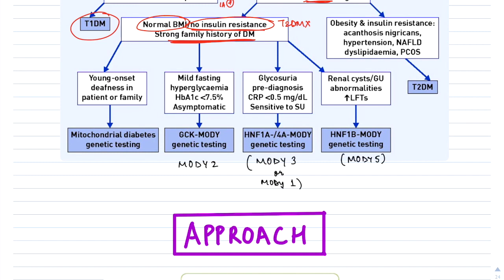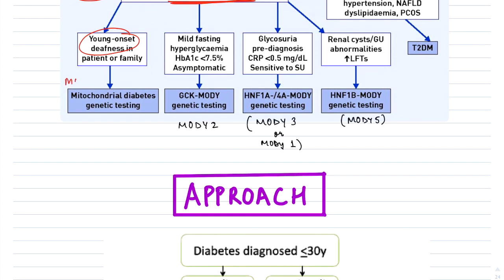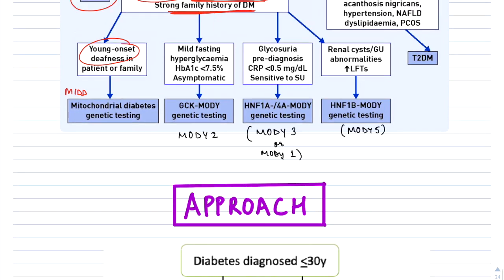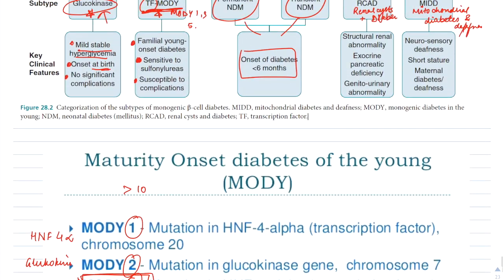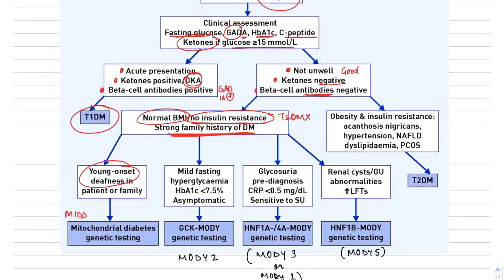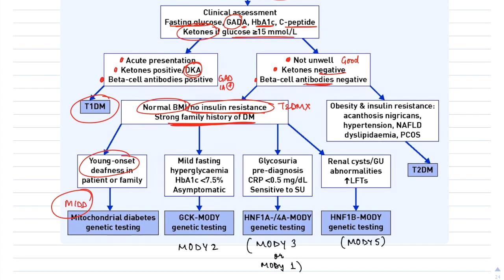Now we will check for young onset deafness in the patients. If there is young onset deafness, that will point towards MIDD, that is mitochondrial defect with deafness and diabetes. This is the mitochondrial diabetes. We will check for mitochondrial defects.